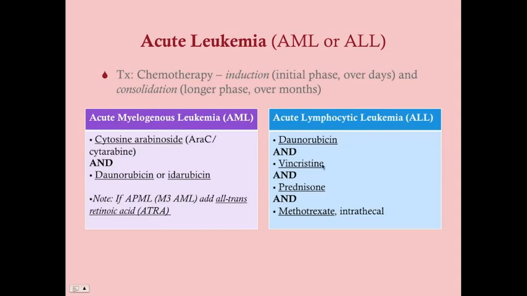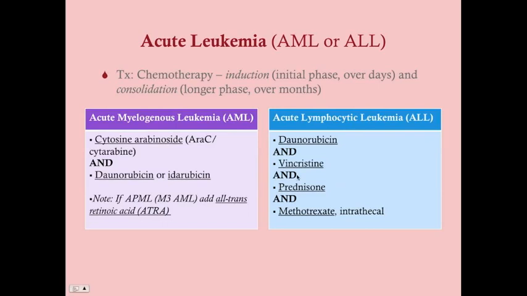Remember that any of the lymphocytic leukemias have a higher predilection for infiltration of the organs, as well as infiltration of the CNS. So we give methotrexate intrathecally to prevent the ALL from spreading into the nervous system. So daunorubicin, vincristine, prednisone, and methotrexate intrathecally.